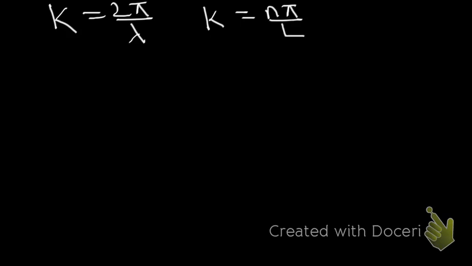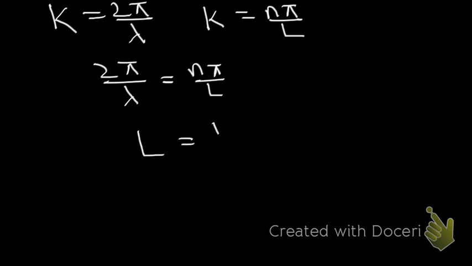What we can do now is equate these two and say that 2 pi over lambda is equal to n pi by L, and from this we find that L is equal to n lambda over 2.